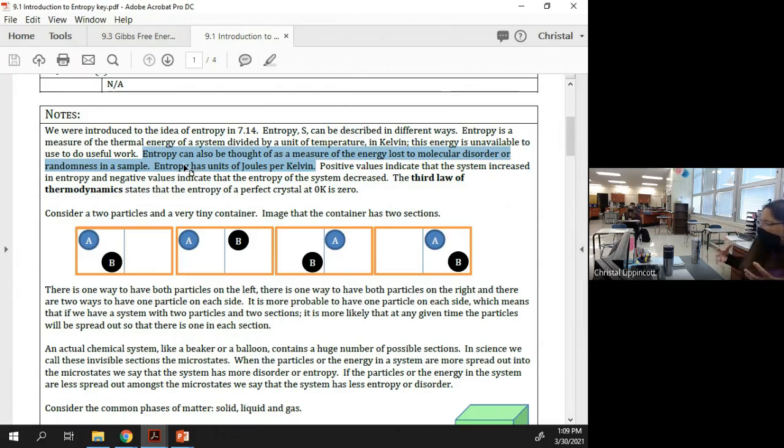Because of this disorder, the molecules don't have as much energy to do whatever it is they're trying to do, and the more disorder they have, the less effective they are. I thought that statement in these notes was very pertinent to what we're talking about, and I really liked that idea.